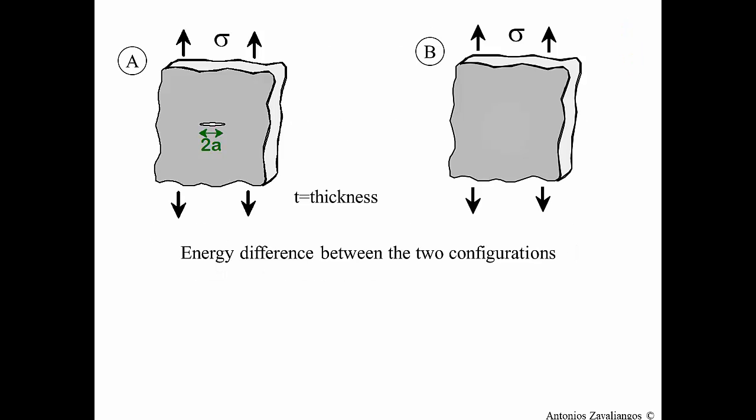We consider a body in two different discrete situations. On the right, you see the body loaded but without the presence of any crack. In this case, the material is uniformly strained, and there is an elastic energy stored in the material, which is simply the area under the stress-strain curve.